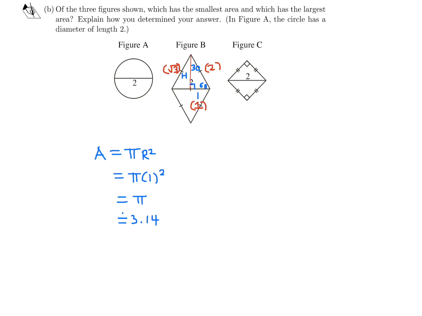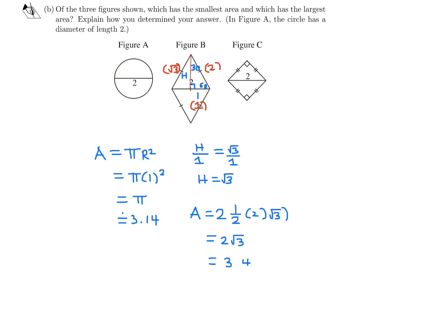So using those ratios, h over 1 is equal to root 3 over 1. So therefore h is equal to root 3. So the area of that shape is 2 times the area of each of the triangles, and those two triangles are the same. So 1/2 base times height, the base is 2, and the height we just calculated is root 3. So this becomes 2 root 3. And in decimals, 2 root 3 is equal to approximately 3.46.